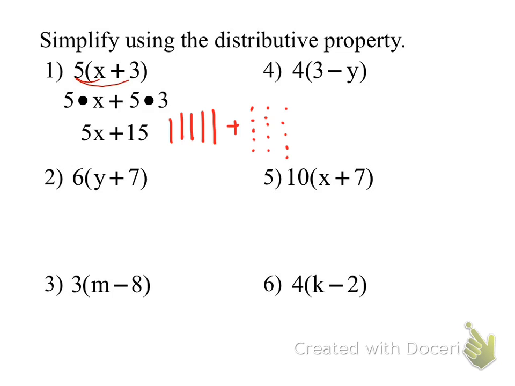So I have 5 x's plus 15 buttons. So remember, they're different kinds of tiles. Don't mix them together. 5x plus 15 is our final answer.